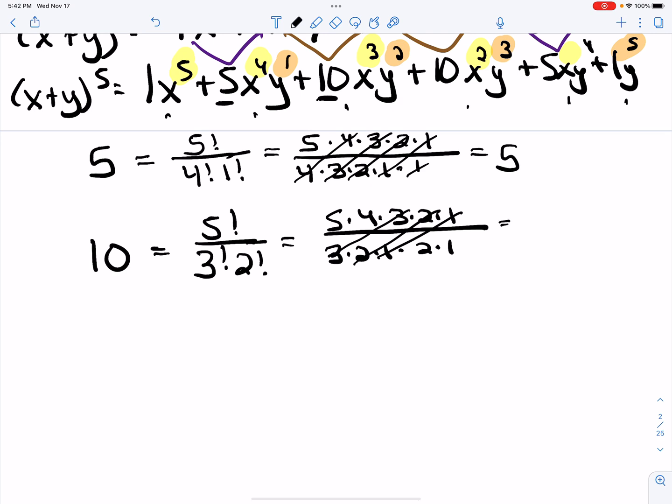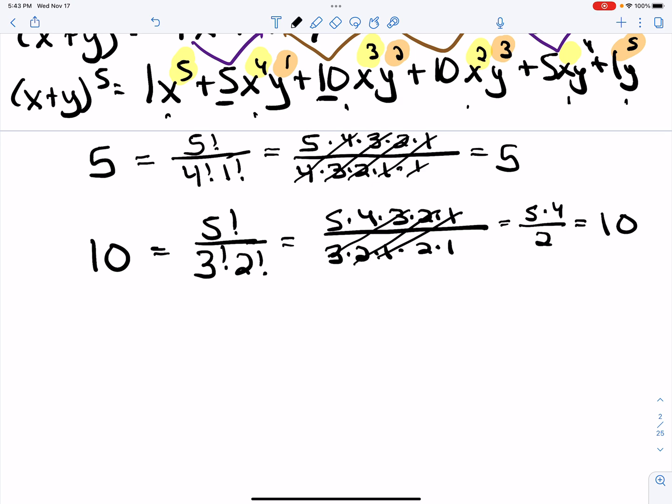So then you have 5 times 4 over 2, 20 over 2, which is 10. So there's actually something to be said for this too. For each of the terms, for your coefficient, you can do whatever the power is, like x plus y to the 5th power. That factorial goes up top, and then those 2 exponents, the factorials go on the bottom. And that'll work out and give you the coefficient. Pretty neat, huh?